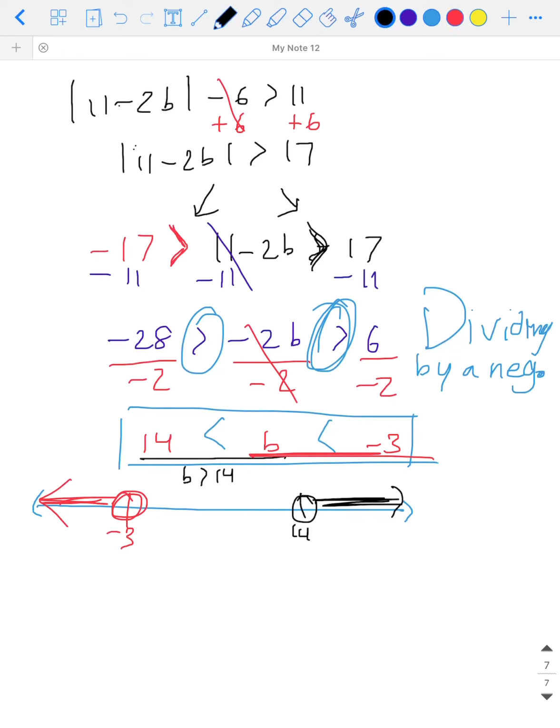You can apply a test point. It's usually best to go 1 unit that's in the shaded region. So I'm going to test point negative 4, because negative 4 is right here. 11 minus 2 times negative 4 minus 6.